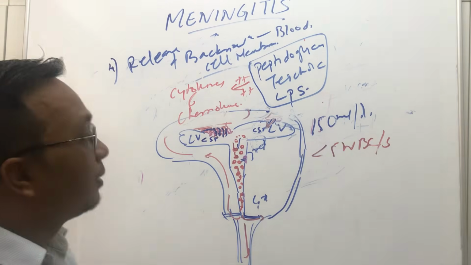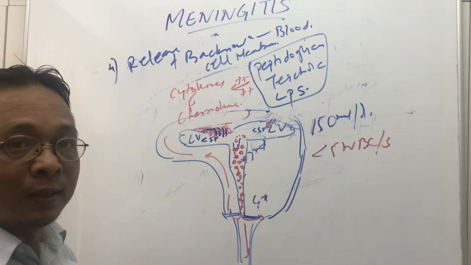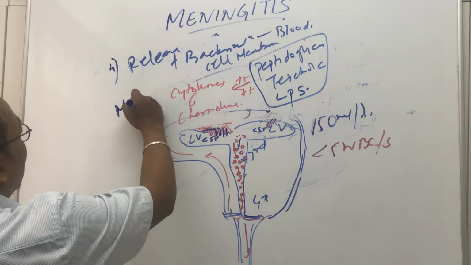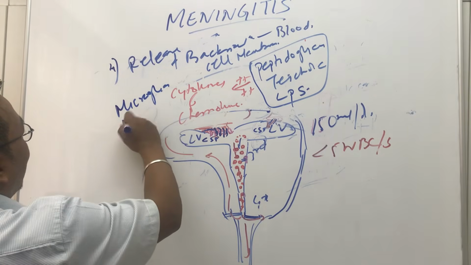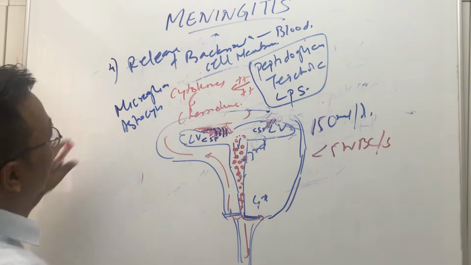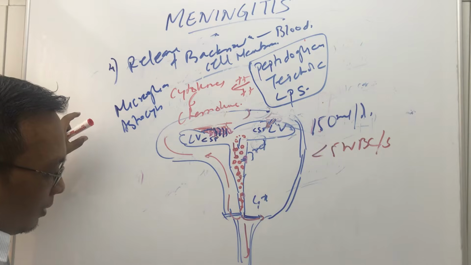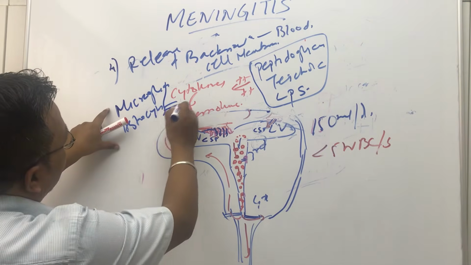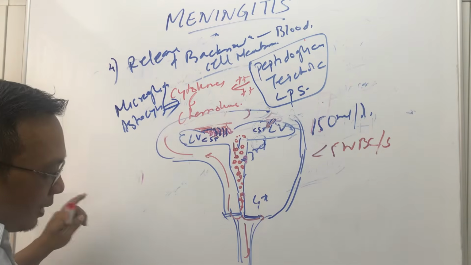By whom? By our immune cells present in our central nervous system, like microglia and astrocytes. These are immune cells present in our central nervous system, so they will continuously release these cytokines and chemokines.